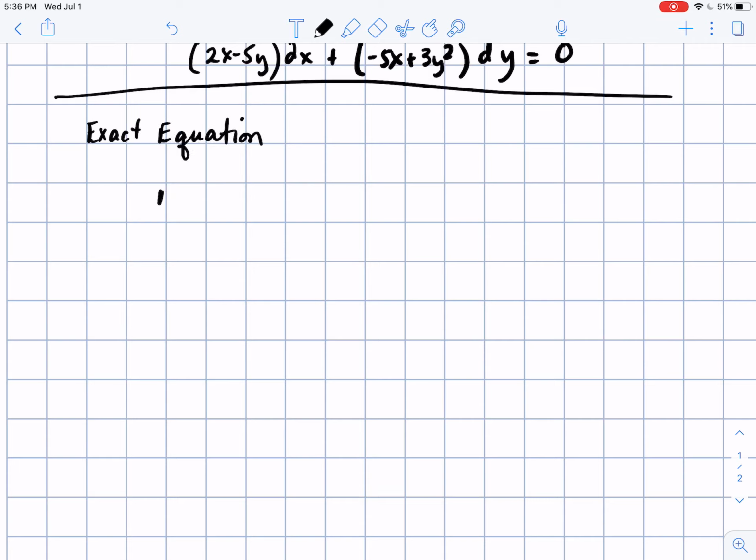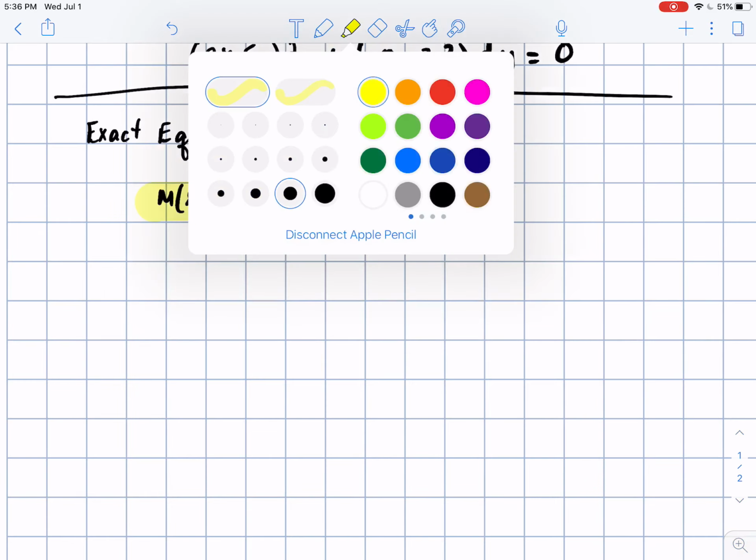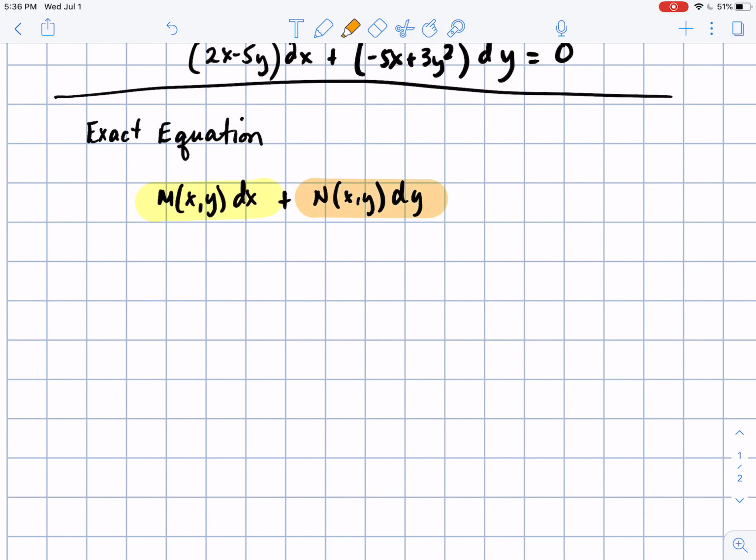Okay, so an exact equation is going to look like some function of xy times dx plus some function of xy times dy, and try to stay consistent with the lettering. So M is always with dx, N is always with dy, because it goes in alphabetical order, and then it's going to equal 0.